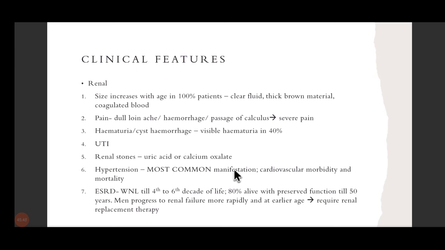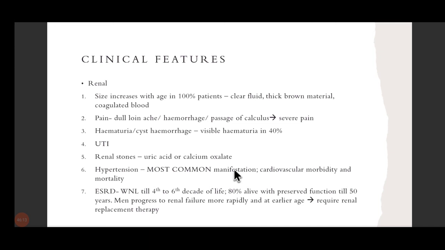Clinical features can be divided into renal and non-renal. Just a couple of slides left and then we'll close the session. So the size increases with age in 100% of patients. There is a dull loin ache, or in cases of hemorrhage or passage of calculus, the pain may aggravate and become severe.